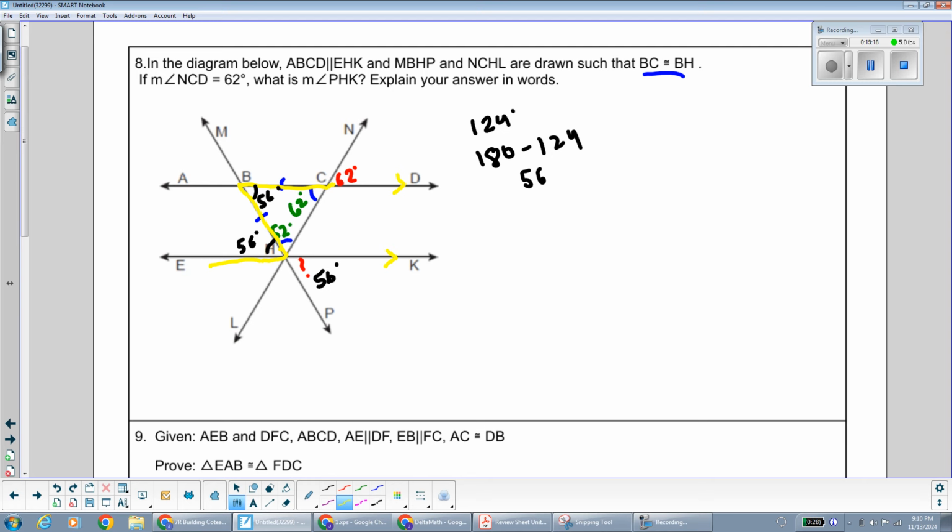Let me write this down in words, and I want to make sure that everything we put in the diagram makes its way into the explanation in order to get credit.